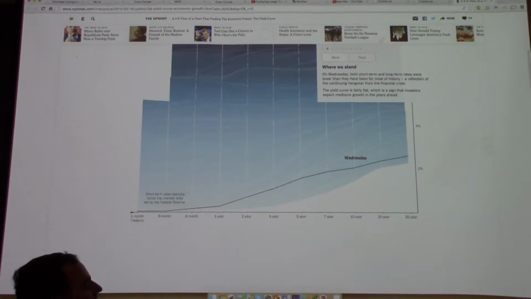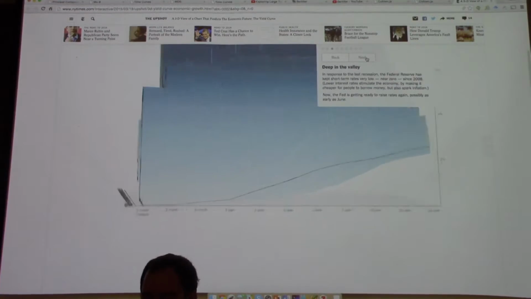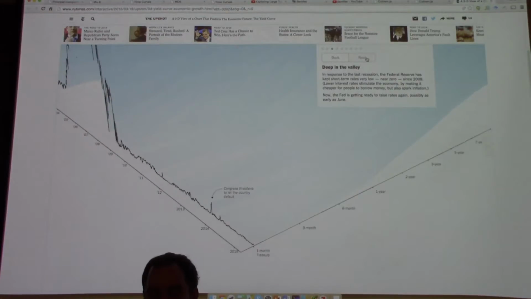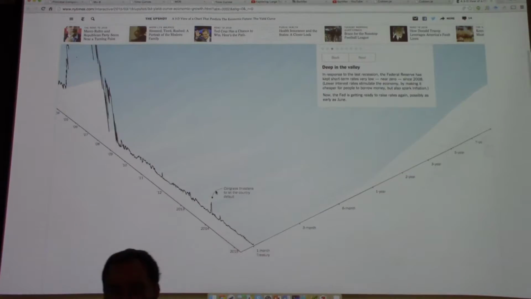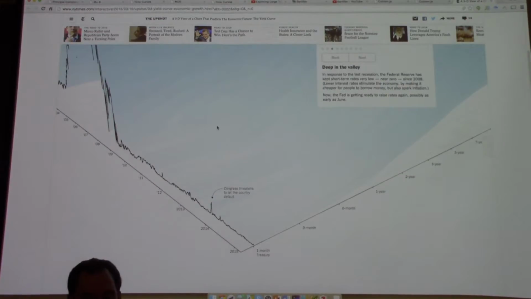Here we kind of lose the temporal aspect, but in this case they annotate it for us, so it's easy to understand what is going on. Then they zoom in, and I guess here Congress threatens to let the country default, and suddenly the interest rate spiked. But if you compare it to the spikes around in 2008, it's very low.